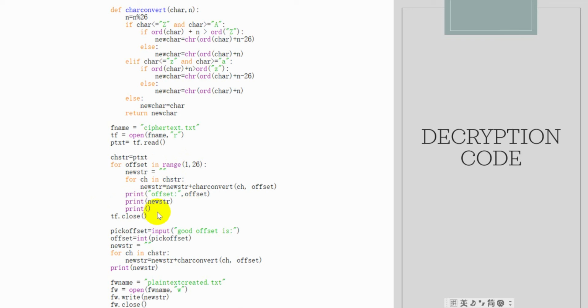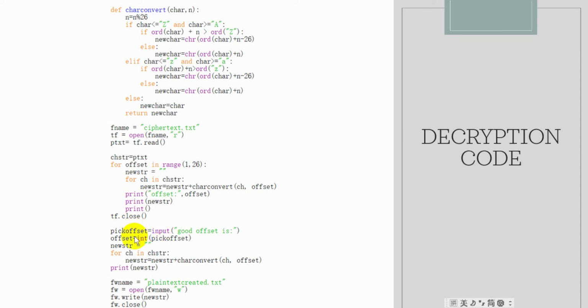After it prints the offset for 25 and the ciphertext for 25, it closes the ciphertext document. Then it's going to give us a chance to input the offset that we think is the best. We look at all of the generated possibilities of the plaintext and find the best one, and we input it here.